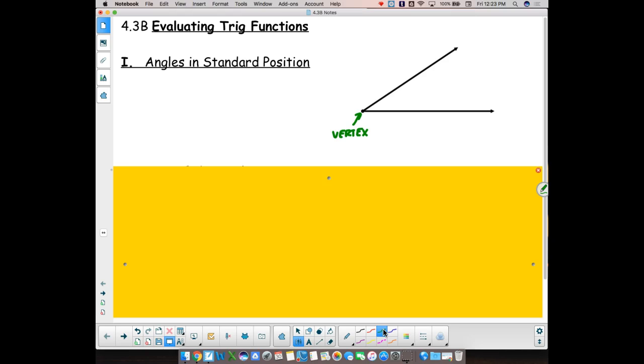Angles also have something called an initial side. It's where the angle starts. The angle ends at what is called the terminal side.